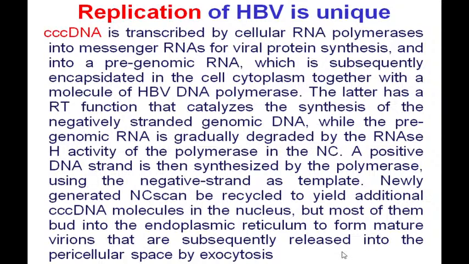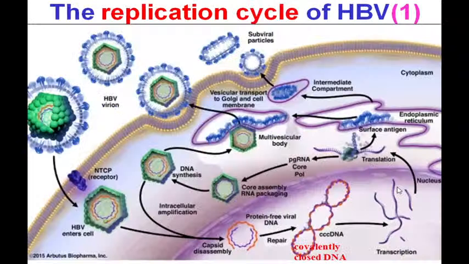Then the next step in replication is when these DNA molecules are transcribed into mRNAs. So they undergo transcription, and then the mRNAs will be transported from the nucleus to the cytoplasm to perform translation.